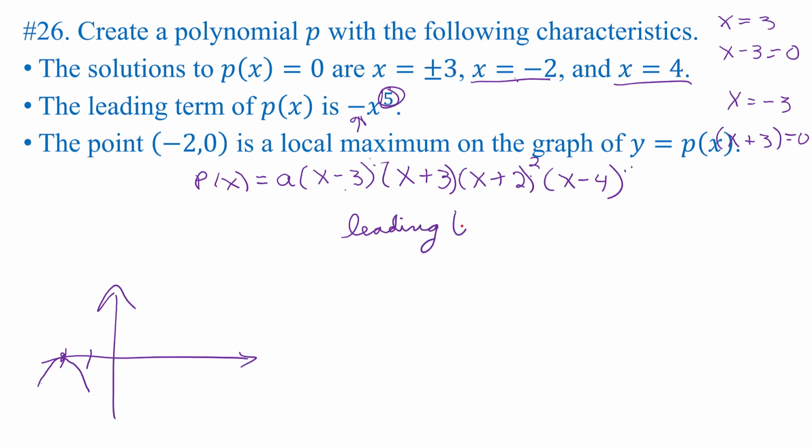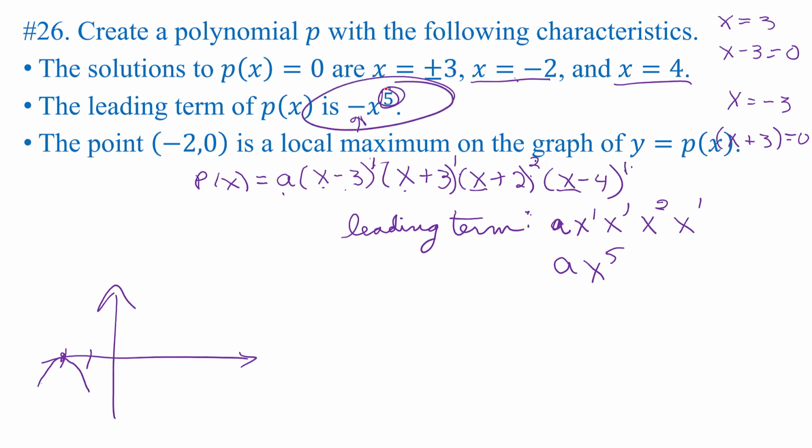From what we've been doing, the leading term would be a times x raised to the first power times x raised to the first power times x raised to the second power times x raised to the first power. So my leading term would be a times x raised to the 5th power, and we want the leading term to be negative x to the 5th.